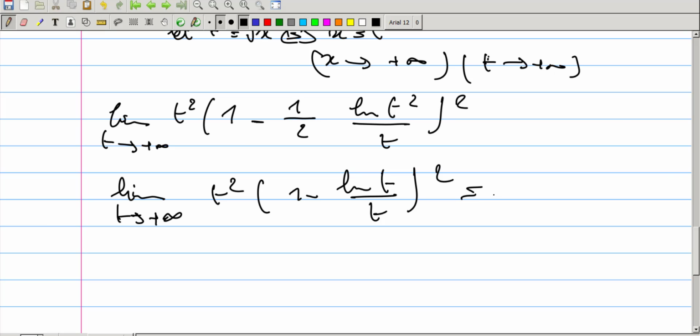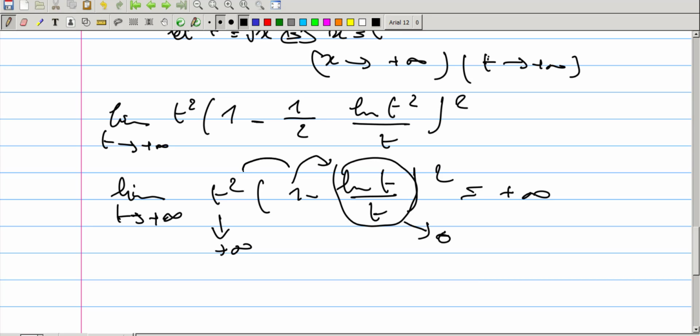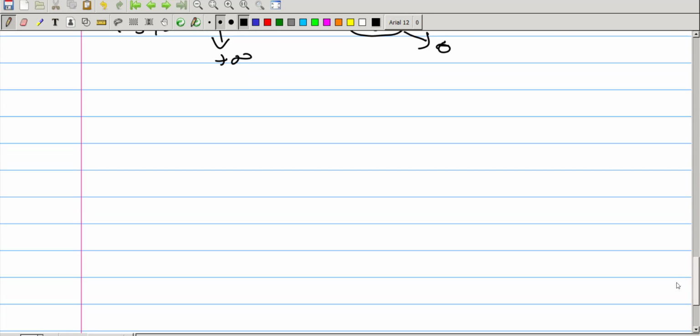In the end we get plus infinity, because ln x over x, when x goes to infinity, equals 0. So t squared goes to plus infinity, and 1 minus 0 is 1. 1 times infinity equals infinity. Cool, now we have resolved those limits.